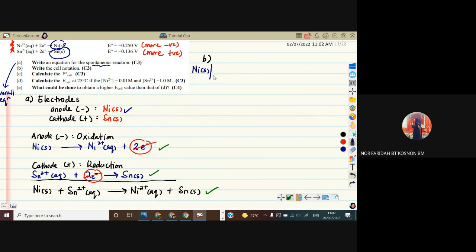So electrolyte kita adalah aqueous solution, electrode kita adalah solid. So they have different phases, so we have to use the phase boundary. Disebabkan nickel solid tu, the anode immersed in electrolyte that contains nickel ion. So this one is the electrolyte, nickel ion, and then mesti ada dia punya phase, aqueous.